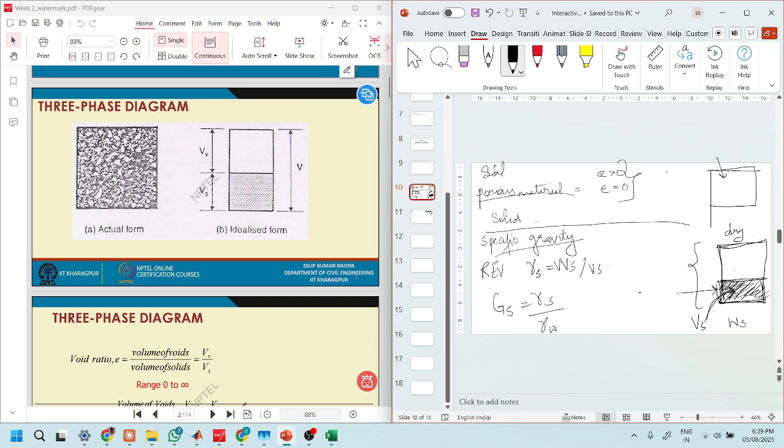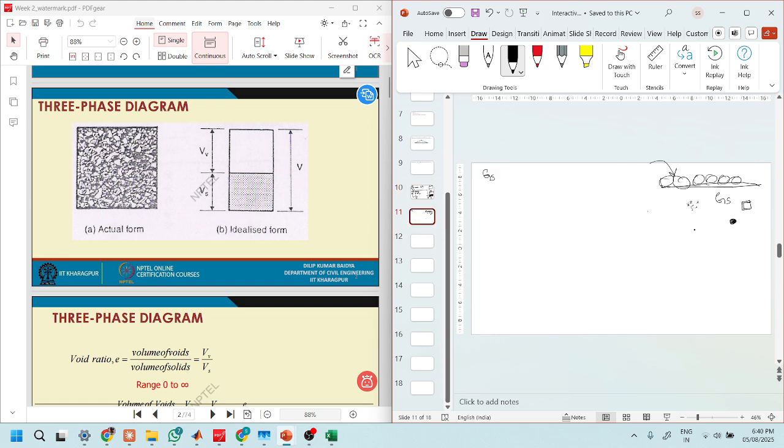As I was saying, in a dry state we will only have two phases, solid and fluid, and the fluid in this case will be air. If there is some water content present in the soil, we will have another phase, which will be water, and this will be the three-phase diagram.